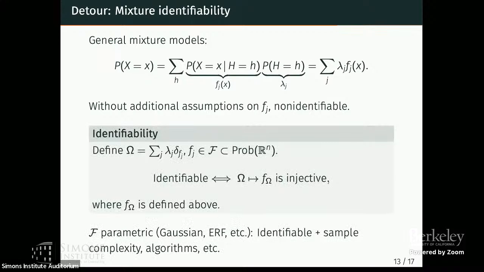Okay, so let me be very clear what I mean by identifiability here. Given any mixture model, I can define what's called the mixing measure, capital Omega here. It is a convex combination of point masses concentrated on the densities over which this mixture takes a convex combination. And identifiability for me means that the map that takes this mixing measure to the mixture distribution defined up here is injective, it's 1-to-1.